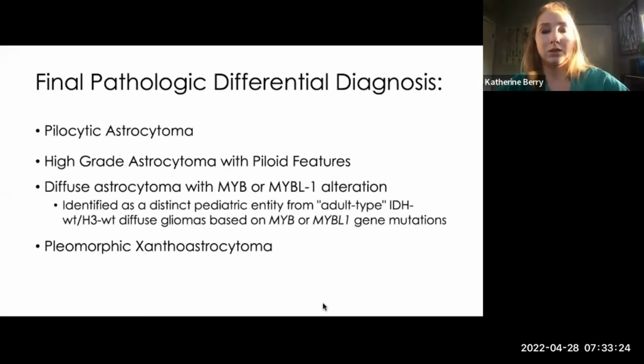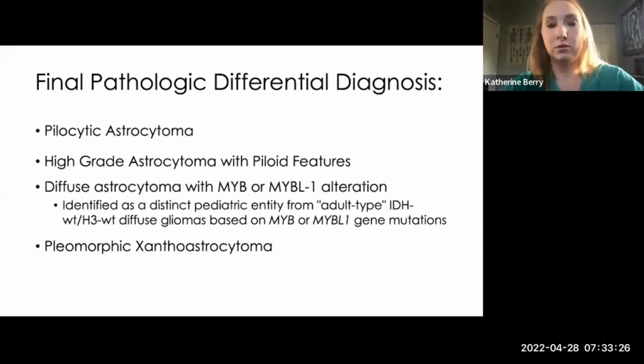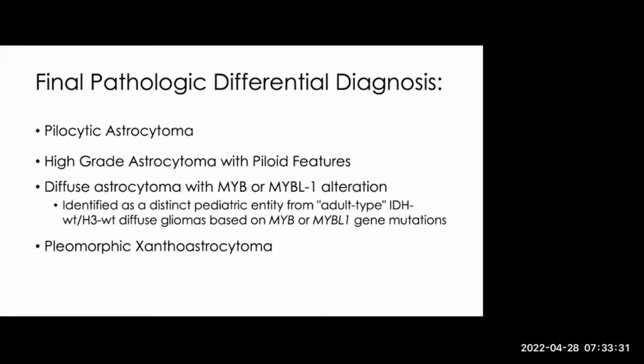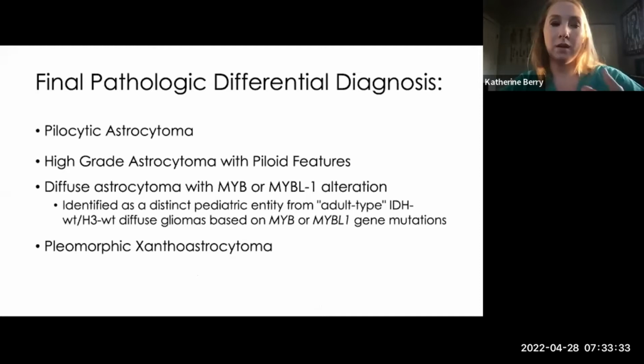But for this patient, the final pathological differential diagnosis based on the cells included pilocytic astrocytoma, high-grade astrocytoma with piloid features, diffuse astrocytoma with the MYB or MYBL1 alteration, and then a PXA.